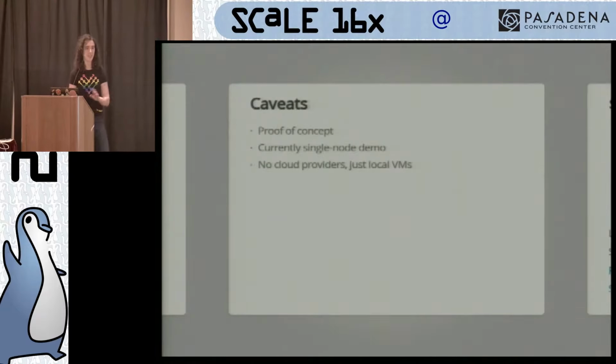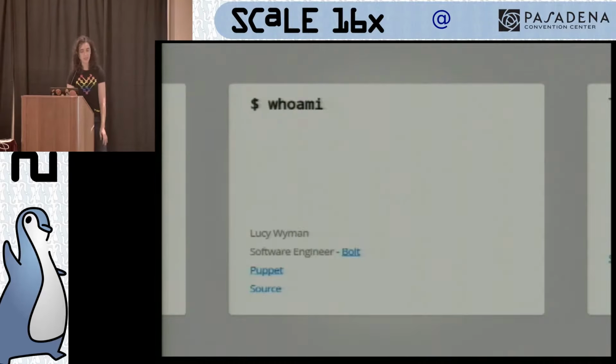None of this is running an actual application. And all of my demonstration is going to be on local VMs and not really interacting with any cloud providers. But this probably could be extended to whatever cloud provider is appropriate for your organization.